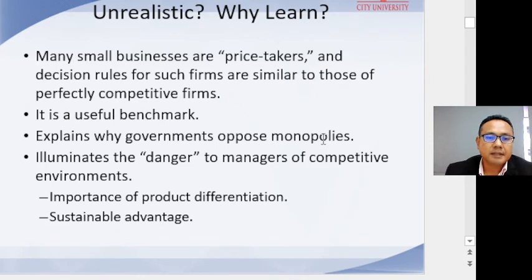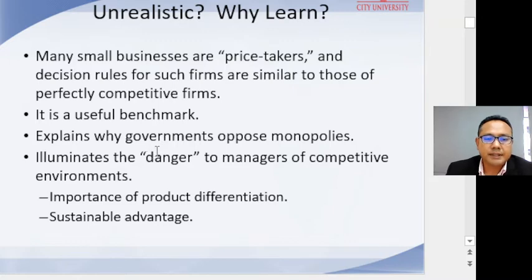That means sometimes even small firms with a homogeneous product still offer different prices. But we learn about this because many small businesses are price takers, and the decision rules for such firms are similar to those of perfectly competitive firms.